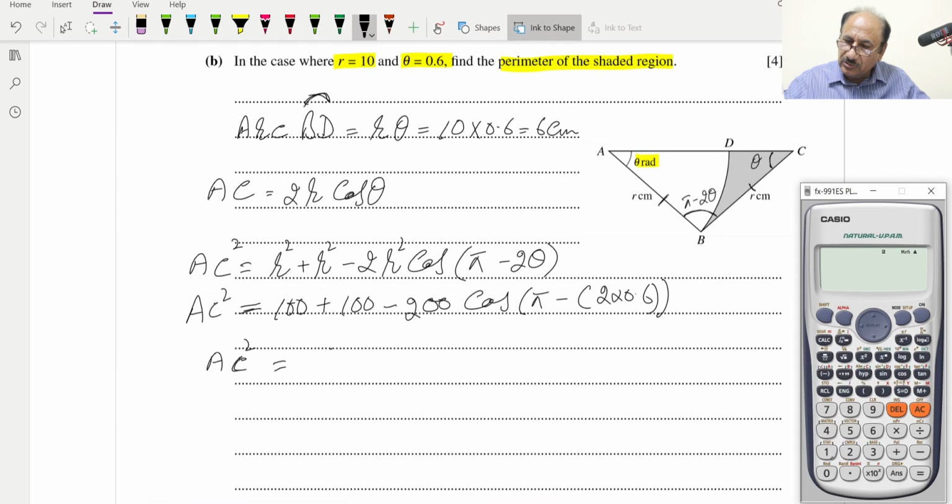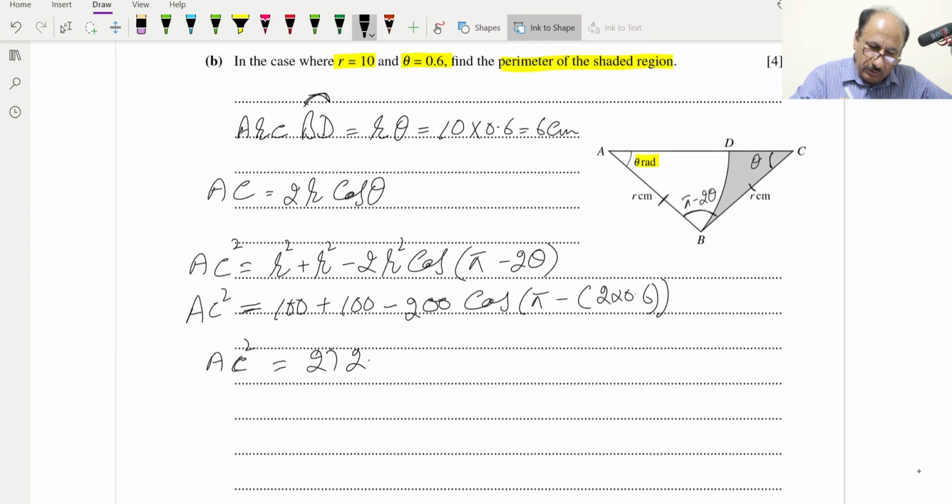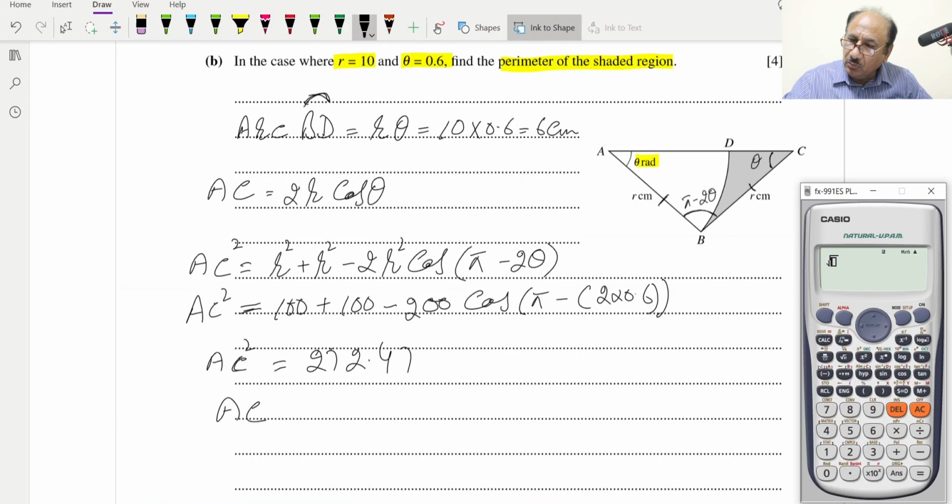Now we can use 100 plus 100 minus 200 cos of pi, pi will be this one, and minus bracket 2 into 0.6, and two brackets closed, and this will be 272.47.